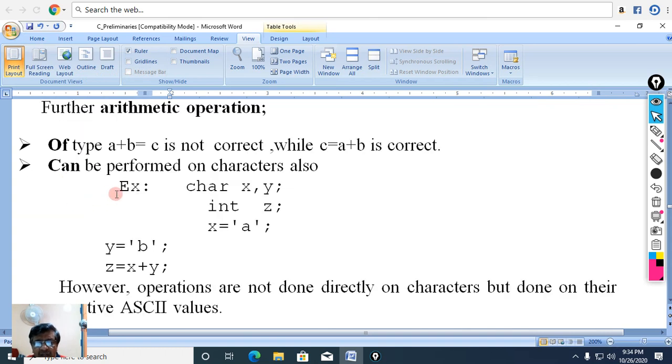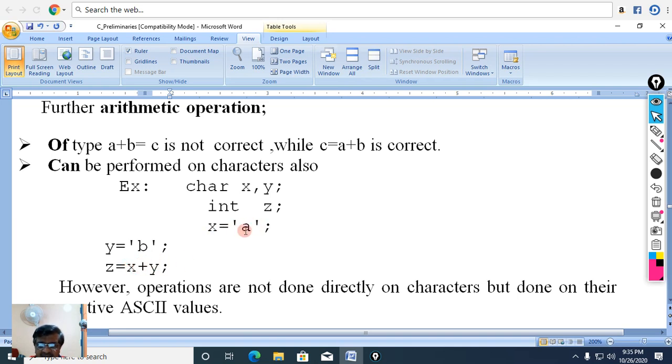Arithmetic can also be performed on characters. Character x comma y, integer z, x equal to a. When you say x equal to a, you are referring to the ASCII value of a, and y equal to b, y will have the ASCII value of b, and z is an integer, and you are adding the ASCII value of x and the ASCII value of y.